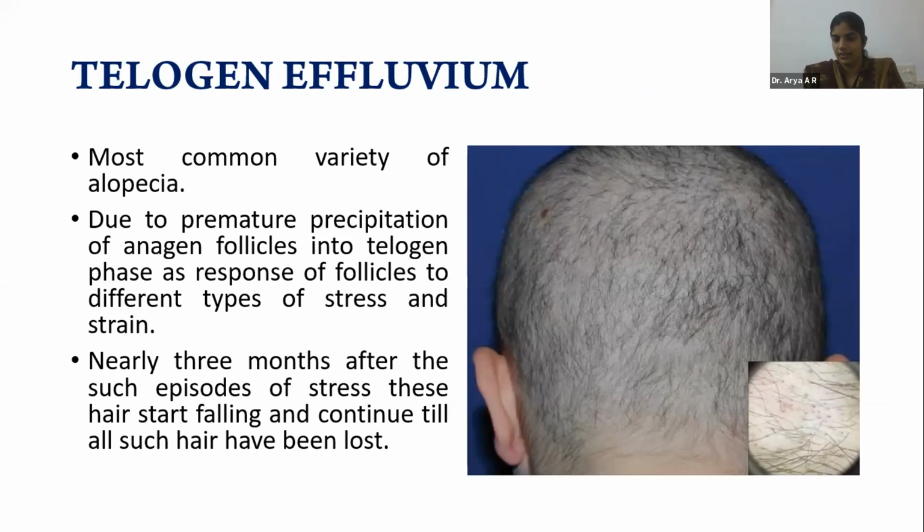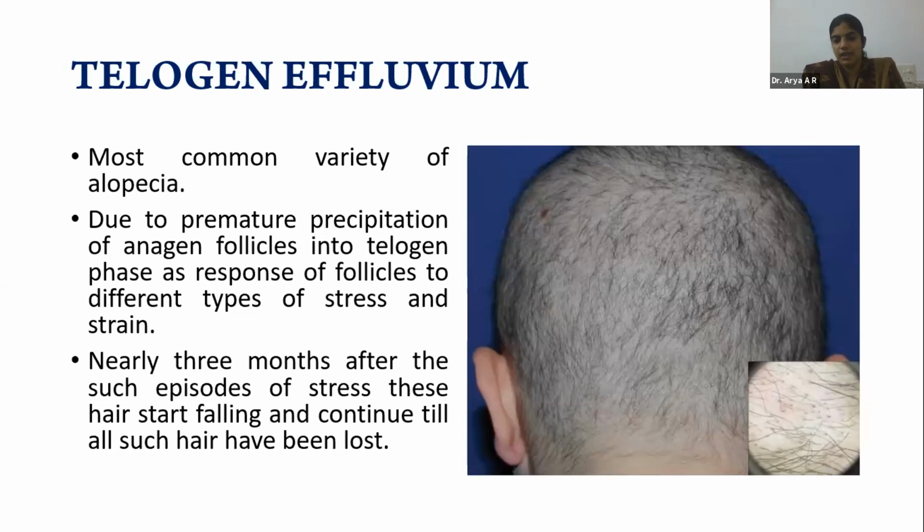In this condition, the follicles go directly from the anagen phase to the telogen phase without the intermediate catagen phase. So they start to die off and fall off suddenly. More hair will fall off, and it leads to a diffuse pattern of alopecia.